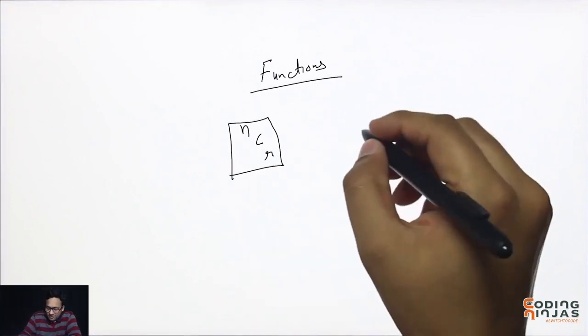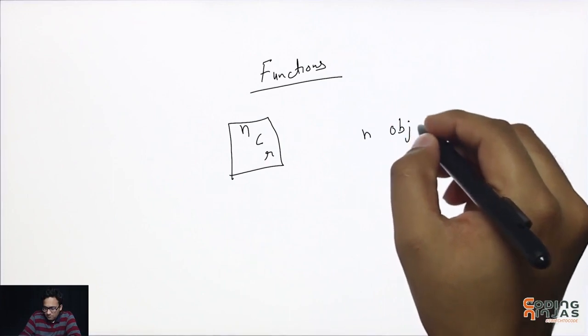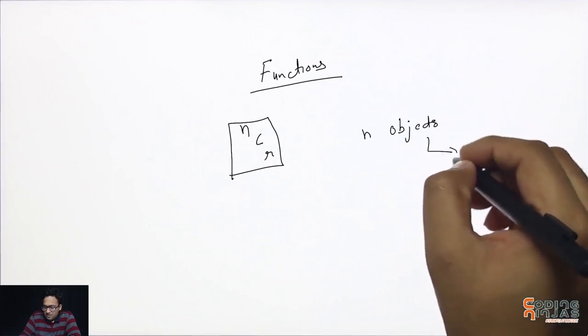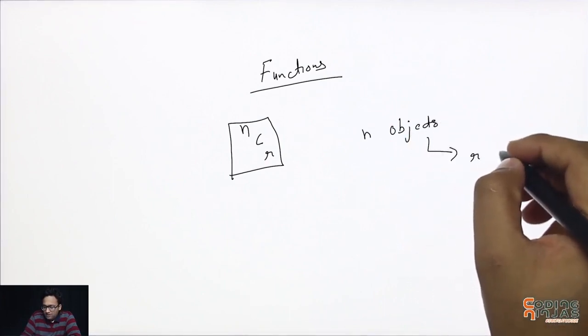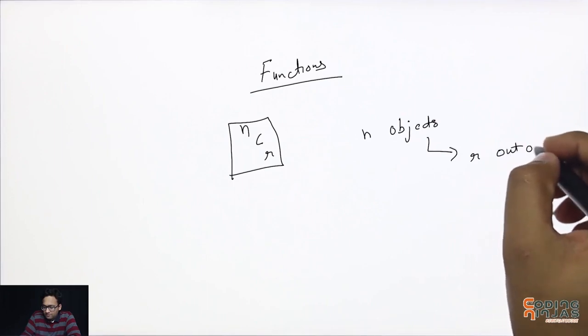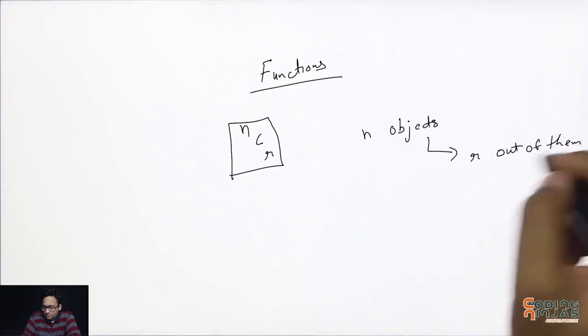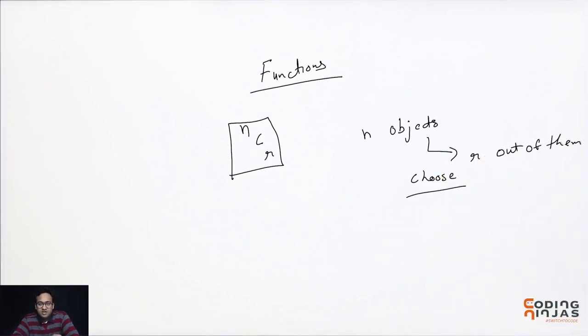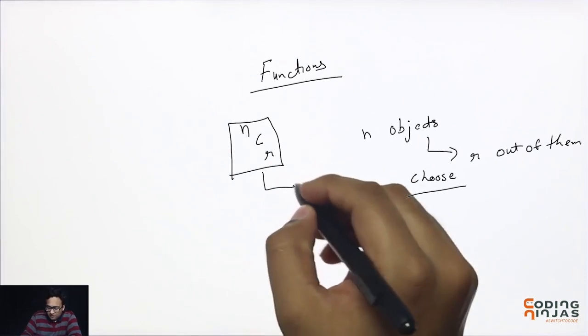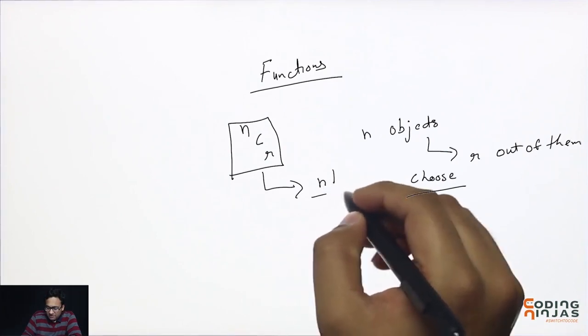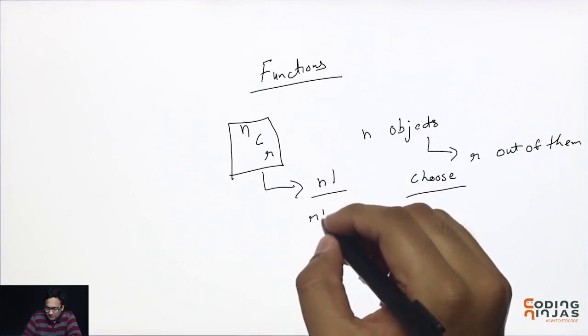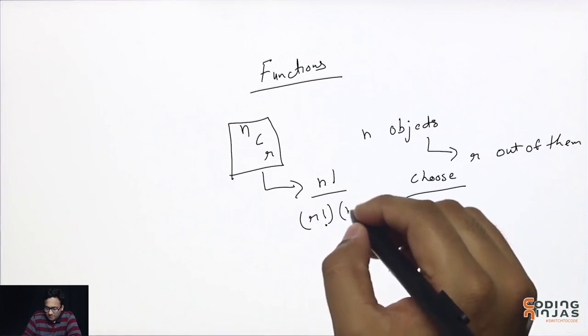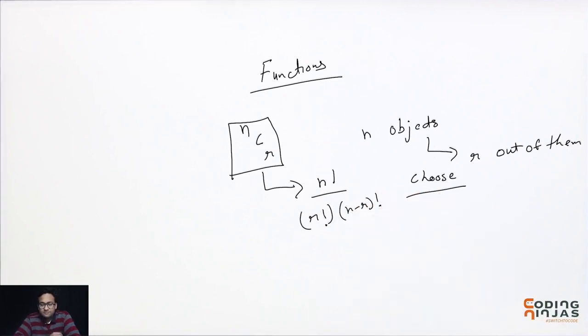If I have n objects, in how many ways can I choose r out of them? I want to choose r objects out of n objects, and how many ways can I do that? The basic formula for NCR is n factorial divided by r factorial multiplied by n minus r factorial.